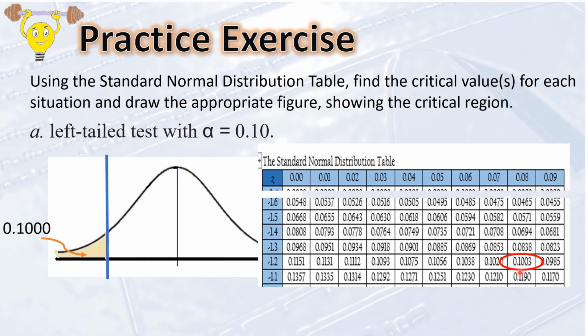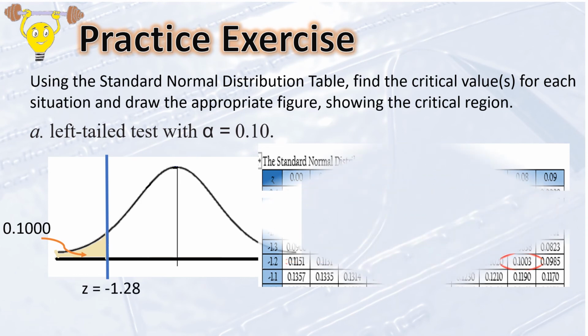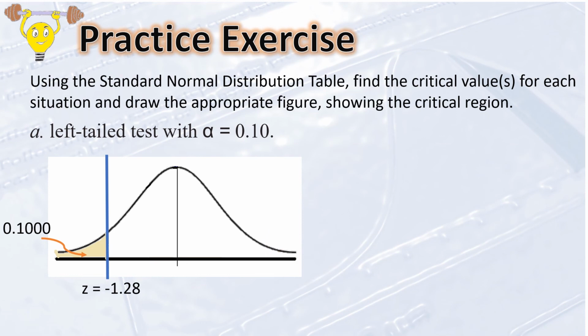On the first column, we have negative 1.2, and on the first row, we have 0.08. Then the critical value is negative 1.28. The critical region will be the region to the left of the z critical, and we have the area 0.1000. To the right of the z critical is the non-critical region.